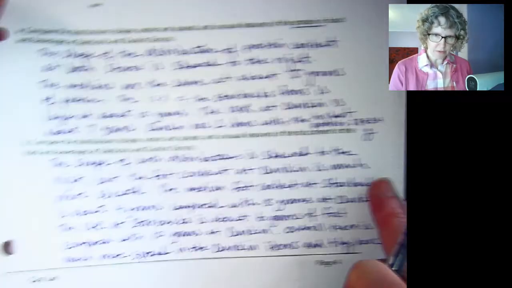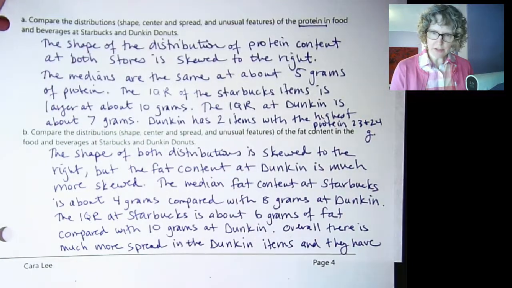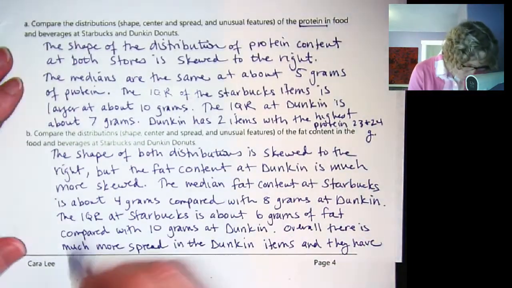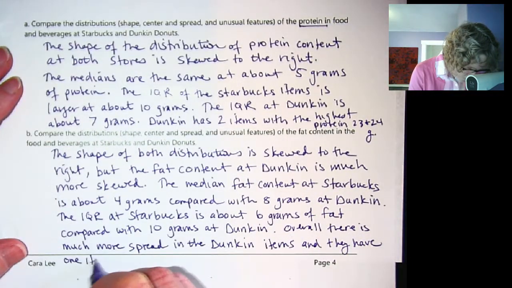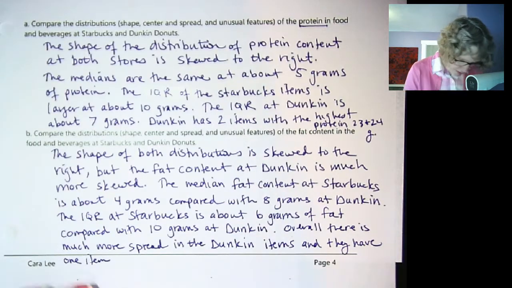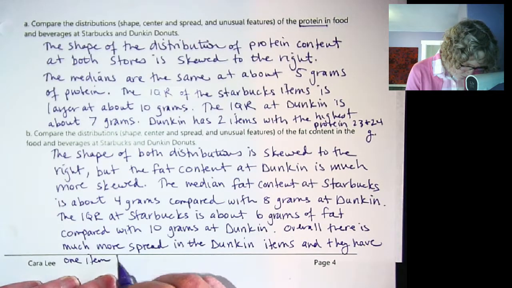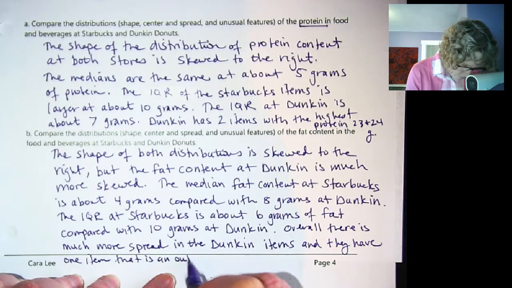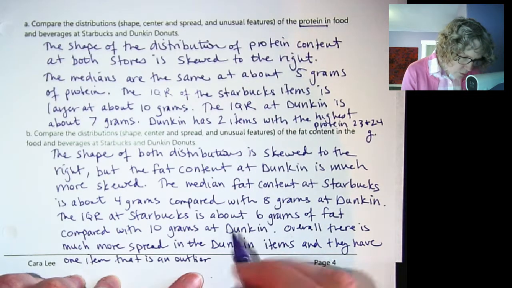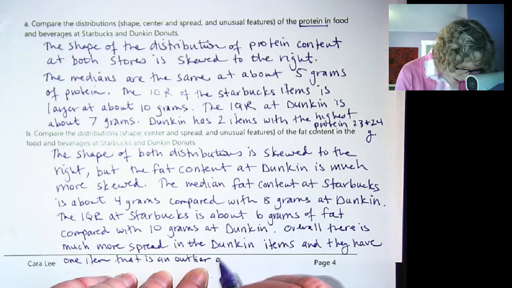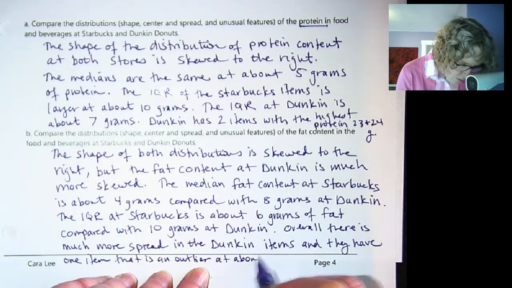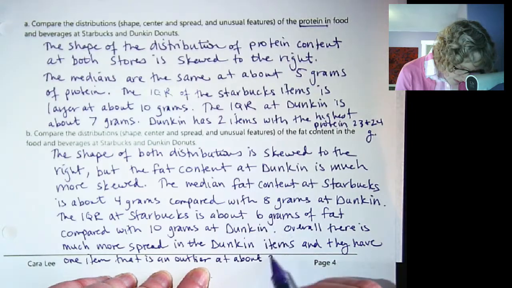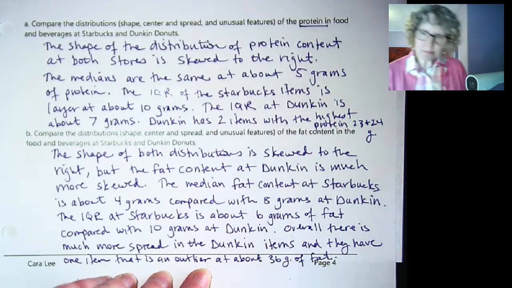Let's see if I can get this up here. One outlier item, or one item, food or drink, I don't know which one it is. One item that is an outlier at about 36 grams of fat.